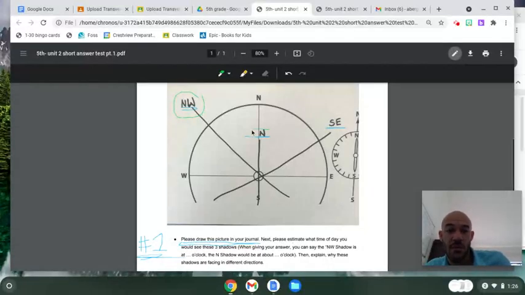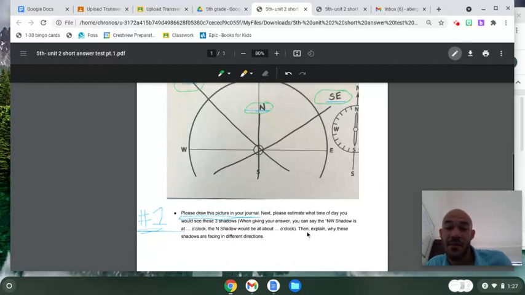The north shadow would be approximately what time? And the shadow facing towards the southeast would be during what time of day? You're going to have to estimate, based on what you know about the relationship between the sun, the earth and shadows, what time of day you would most likely see these shadows.